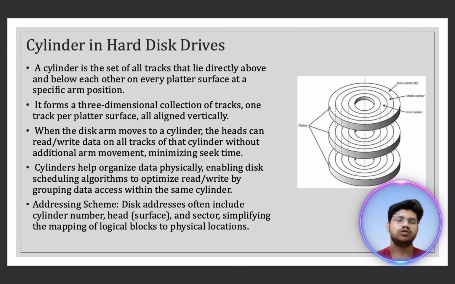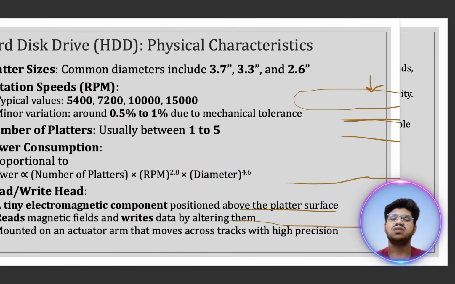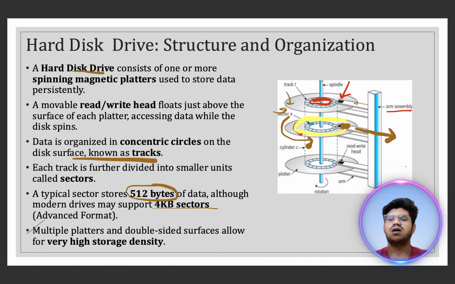Okay, so now coming to what is a cylinder. I'll not be going through this entire paragraph. I request you to pause the video and read whatever is written. I will just say what exactly is happening. Basically cylinder is a group of tracks.